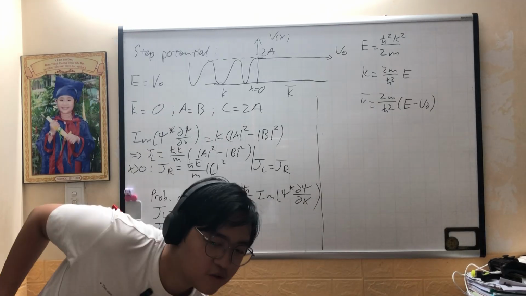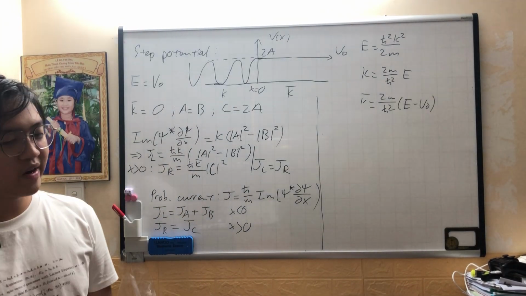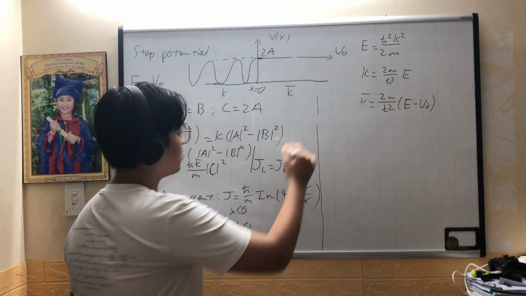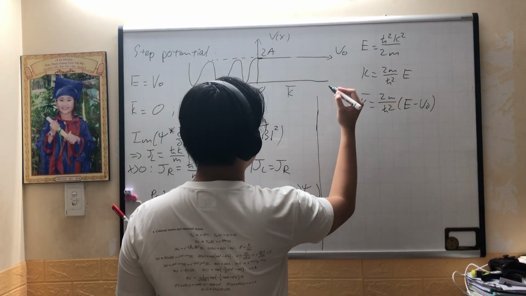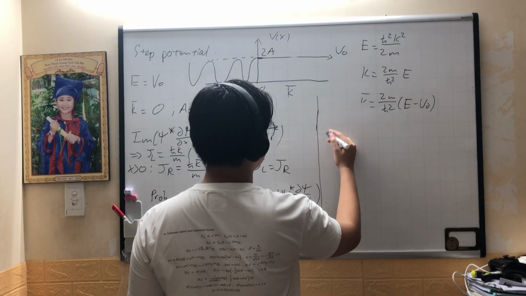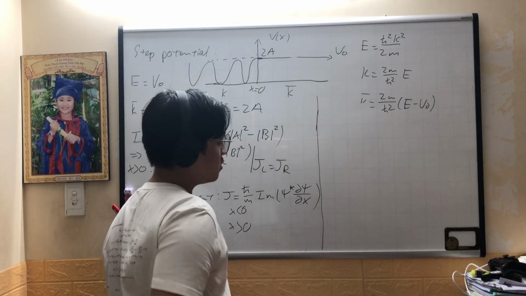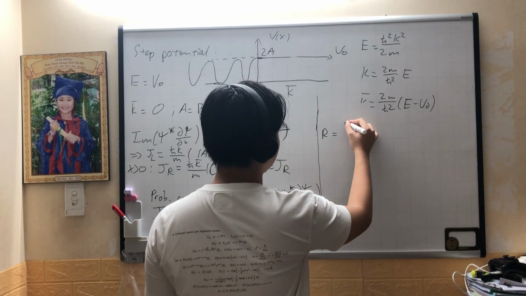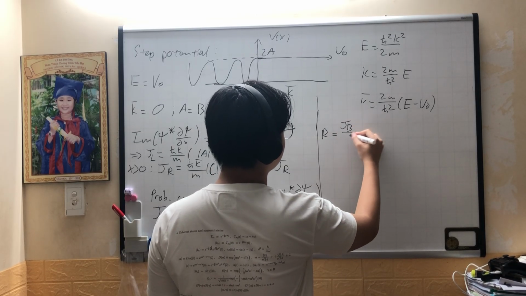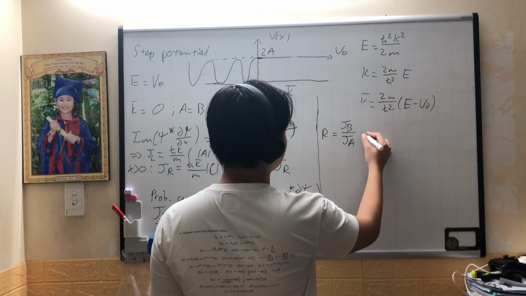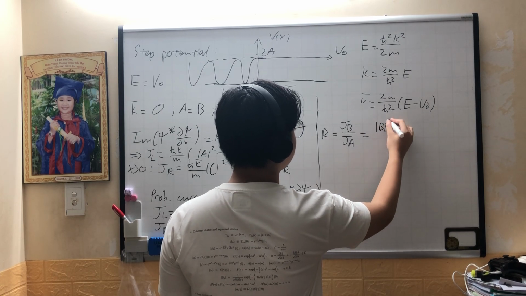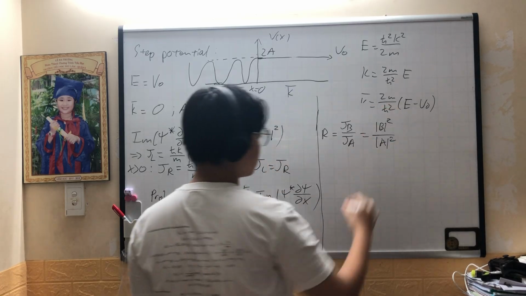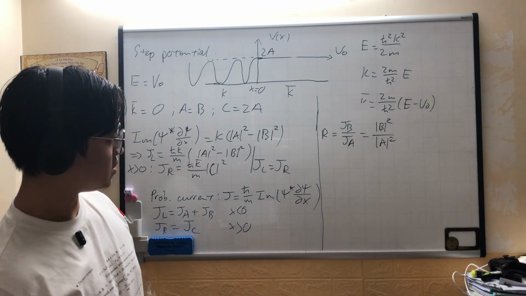First, let's take a look at reflection. I will write R as equal to JB over JA, which equals the absolute value of B squared over the absolute value of A squared.